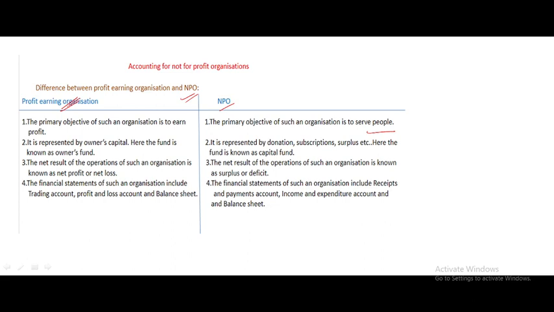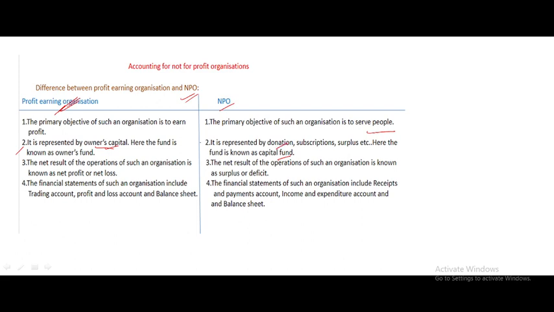Second difference, on the basis of fund. In profit earning organization, fund is known as owners fund or owners capital, but in NPO, fund is known as capital fund or as donation, subscription, surplus.